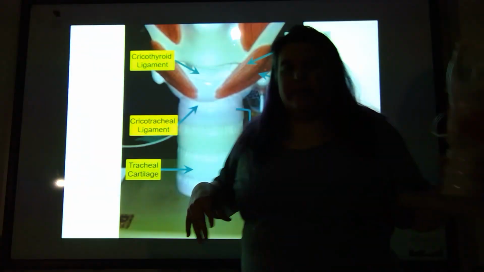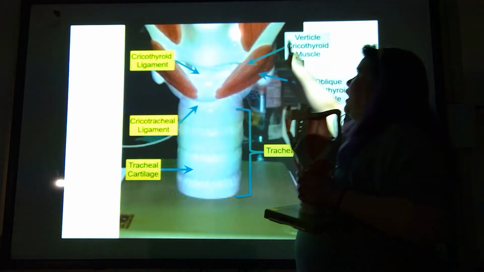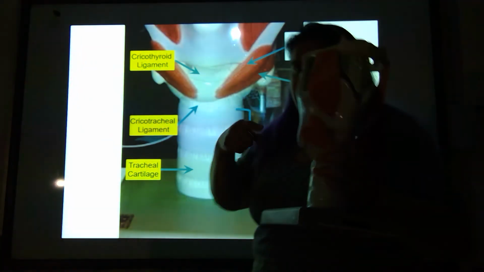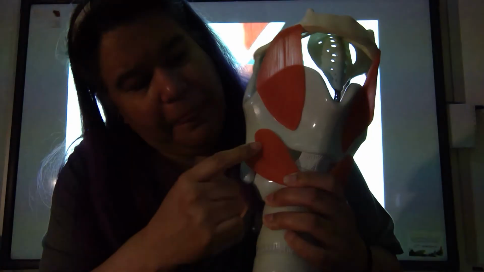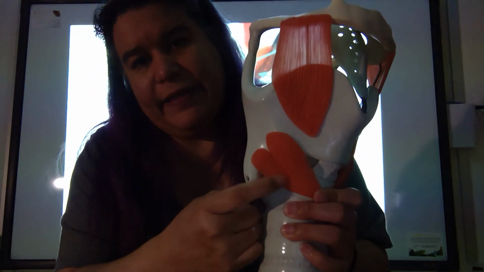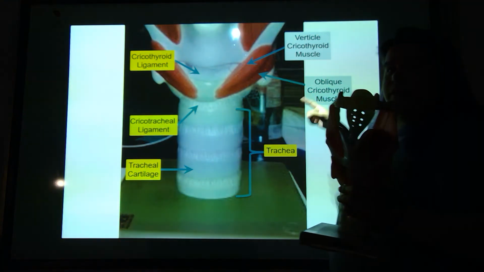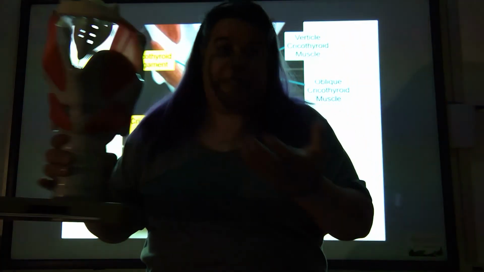So when you look at the model from the side, you can actually see that there is one muscle here and one muscle here, okay? So the top muscle is the vertical cricothyroid muscle, that one there. And then this bottom one is actually the oblique, so that you can see that.